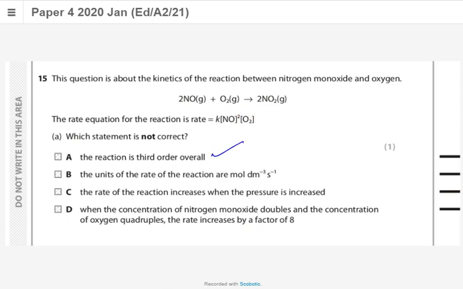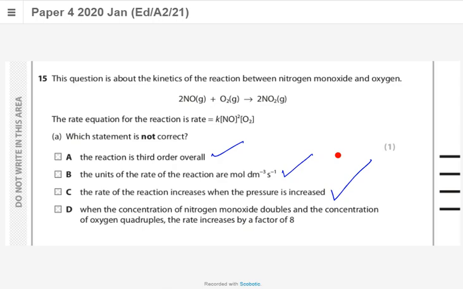So that's correct. But the question is, what is not correct? The units of the rate of the reaction. That's correct. Rate is concentration over time, so moles per decimeter cube per second is the unit of rate. Rate of the reaction increases when the pressure is increased. That's right. In any reaction, when the pressure and concentration increase, the rate increases because the frequency of collisions increases.